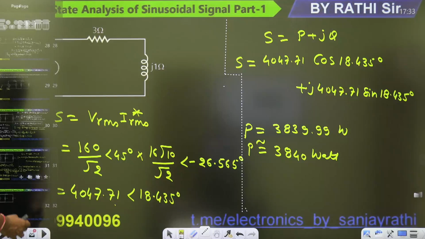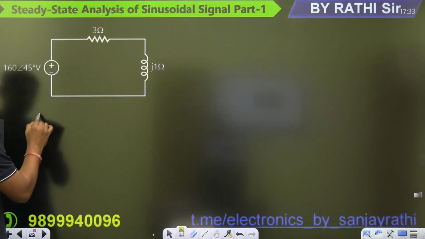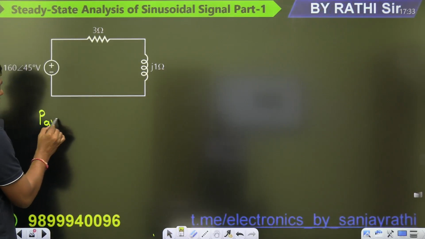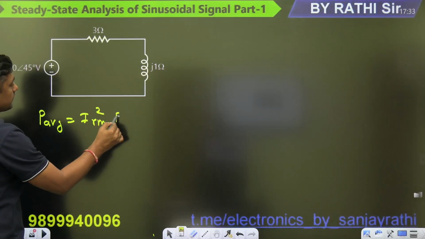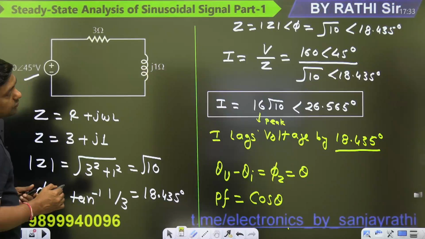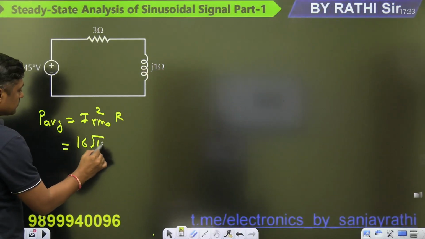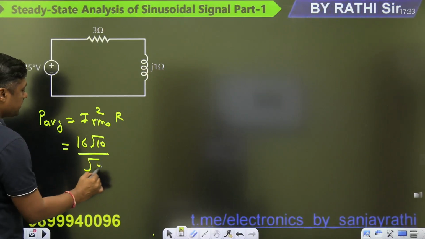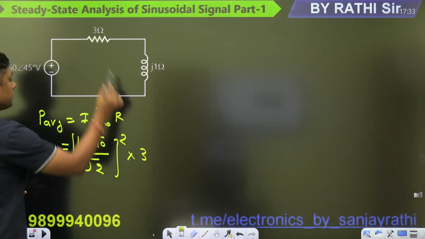The average power consumed by the load, you can find as I RMS square into R. So what is the I? 16 root 10 upon root 2. This is the I RMS, square of that into R, which is 3.